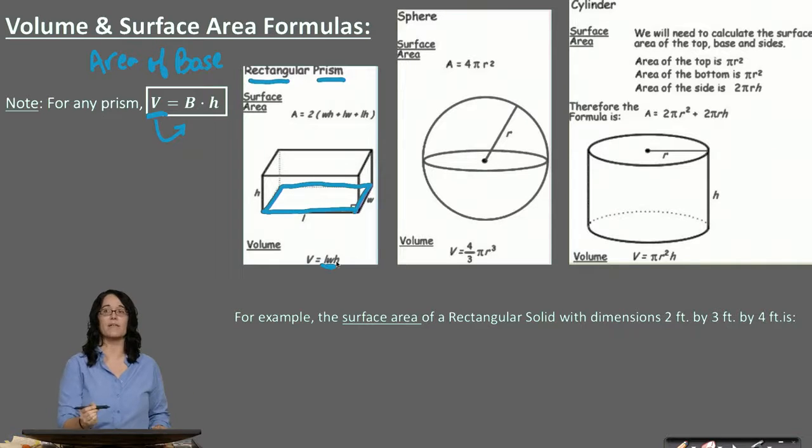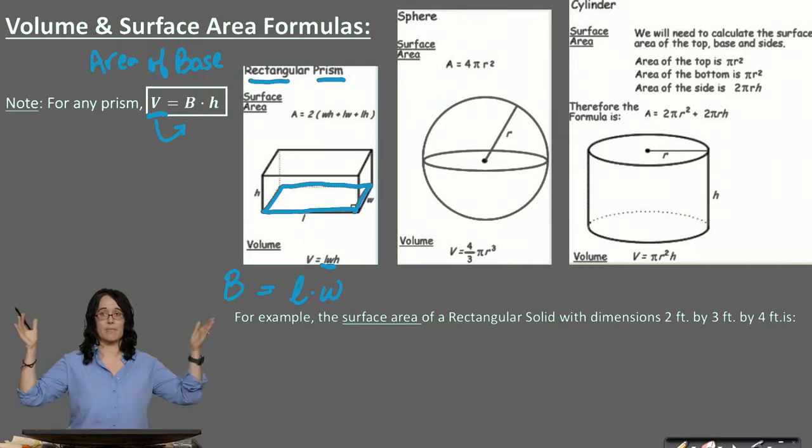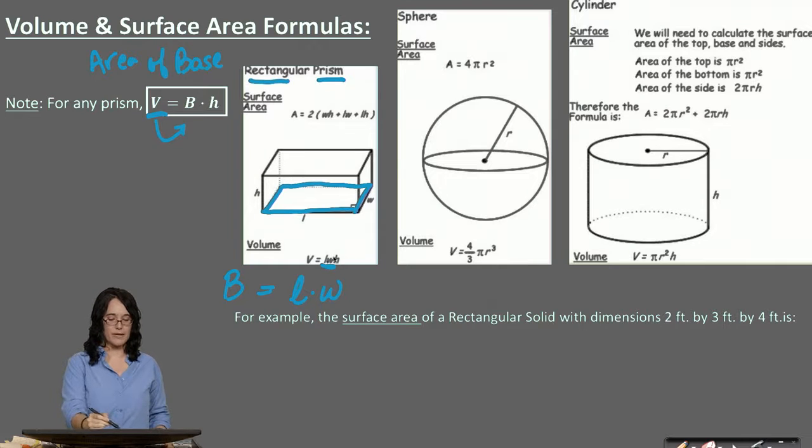So this part right here, L times W in the formula, that replaces the area of your base, right? So the L times W, length times width, is the area of my base, and then I just need to multiply by its height since it's a rectangular prism, the same surface on the top and the bottom. So now we'd multiply that times the height, and we would have our entire volume.